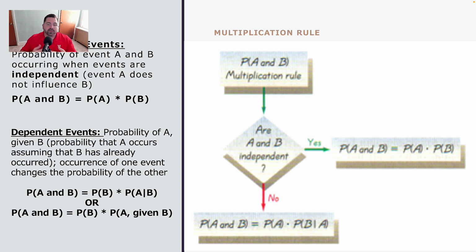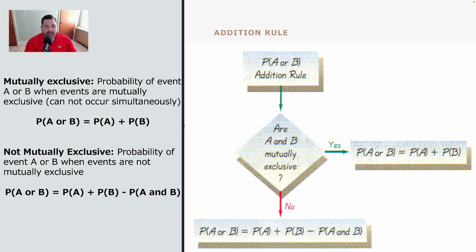Okay, so when something is a dependent event, it means that when we calculate the probability of the event happening, or the complement, the probability of the event not happening, is that when A happens, it affects B. And when B happens, it affects A. Whereas in independent events, those 2 things happen at the same time, but they're not dependent upon each other. They are completely able to work independently. Okay, so we have that.